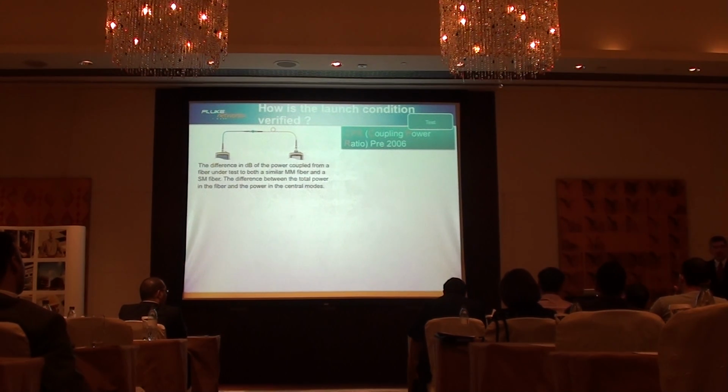They took the difference between the two, called it coupled power ratio, and grouped it. Group 1, which is overfilled, then group 2, 3, 4, 5, 6, 7, and I think that's the last one. The higher your CPR, the more toward the overfill you were. That was the grouping that they had.